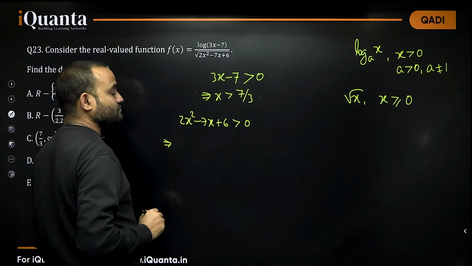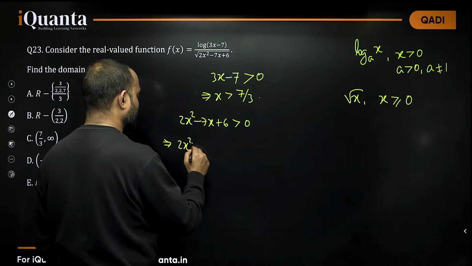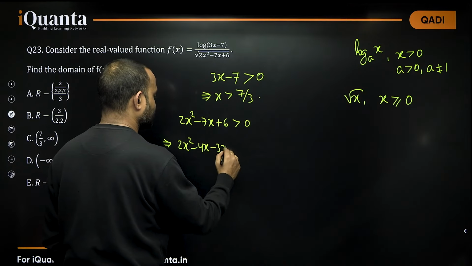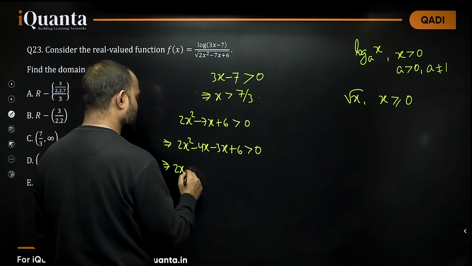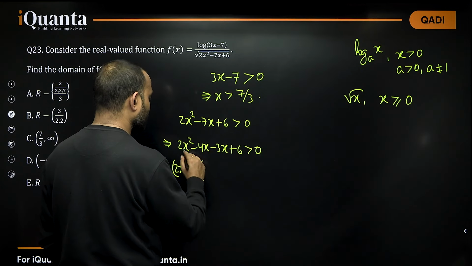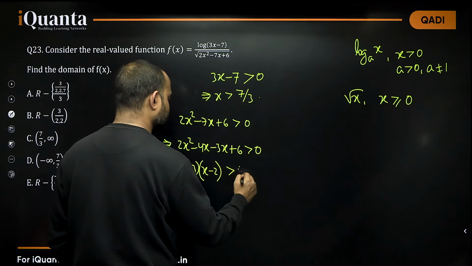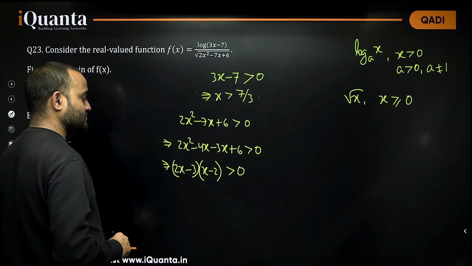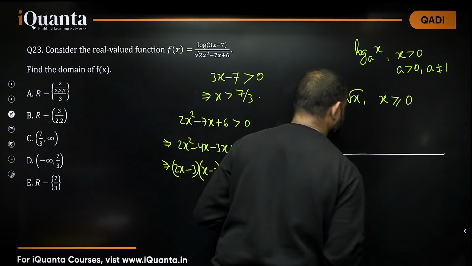6 into 2 is 12, 4 into 3 is 12, so 2x square minus 4x minus 3x plus 6 is greater than 0, or take 2x common, we are getting (x minus 2), take minus 3 common, (x minus 2) is greater than 0. So if we check this on the number line, what values are satisfying it?